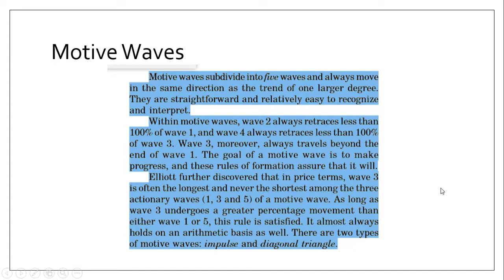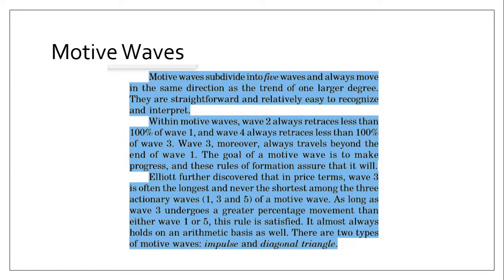Within motive waves, wave 2 always retraces less than 100% of wave 1. This simply is talking about that rule that tells us that wave 2 never goes beyond the start of wave 1. So what they're trying to say and what I was talking about is the same thing.